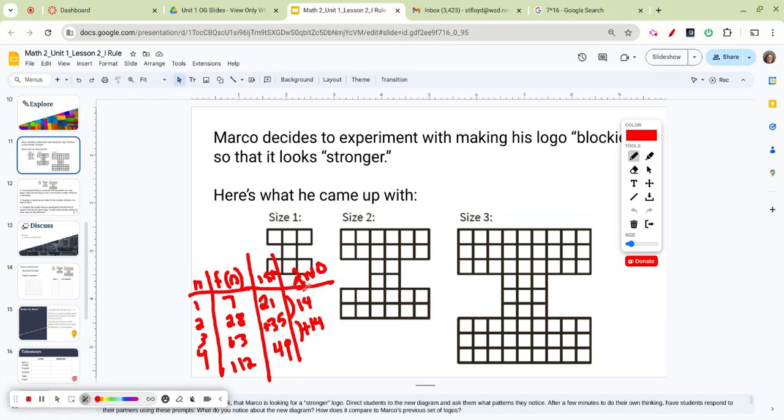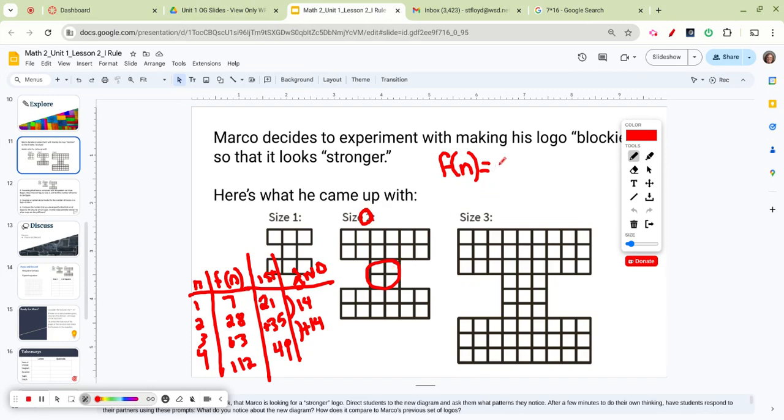So you're getting this as being a constant, so it's quadratic. Let's see if we can figure out what this equation should look like. What I noticed is that the n was 2, but the number of blocks on each section was 2 times 2.